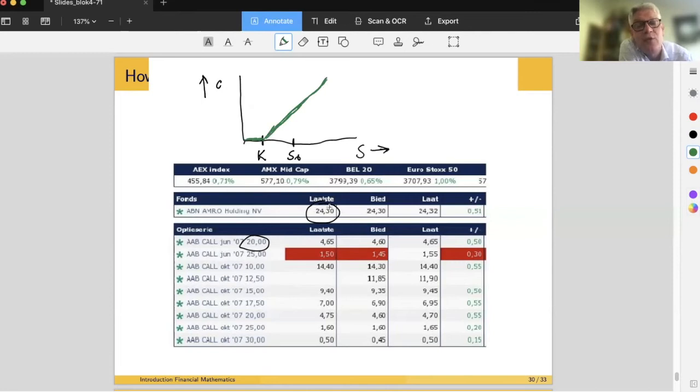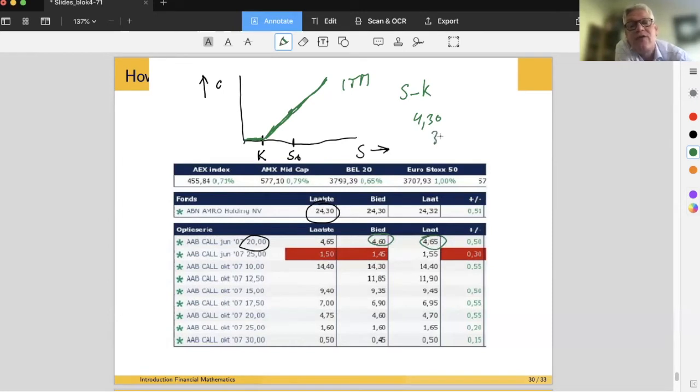So with S0 24.3, we see that this option is in the money, deep in the money. So the option is close to the value of the payoff, in fact, right? We have S minus K, that is at this stage 24.3 minus 20, which is 4.3. S minus K is 4.3, but there's 6 months to go. And therefore the bid price is 4.60 and the ask price is 4.65.